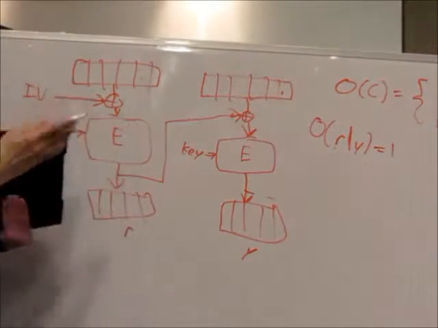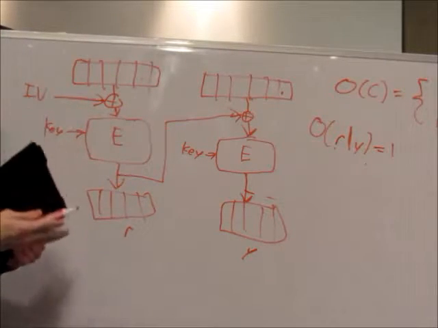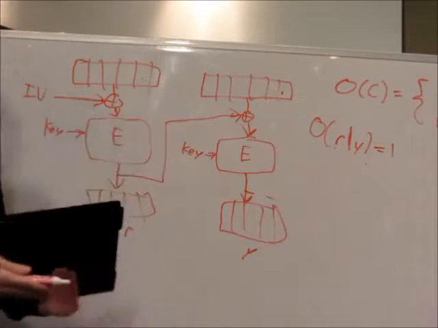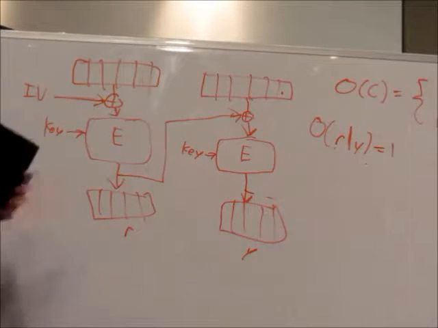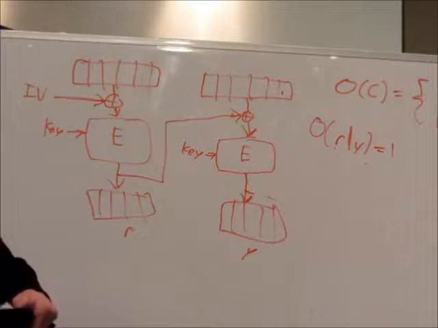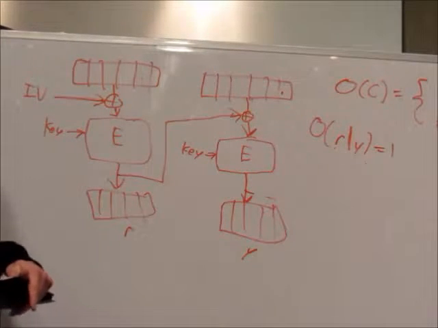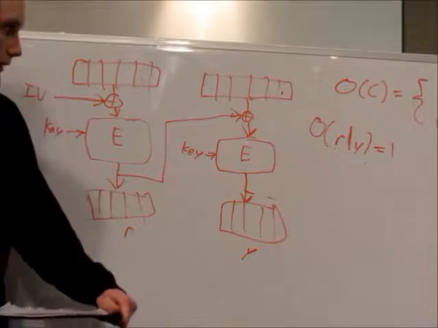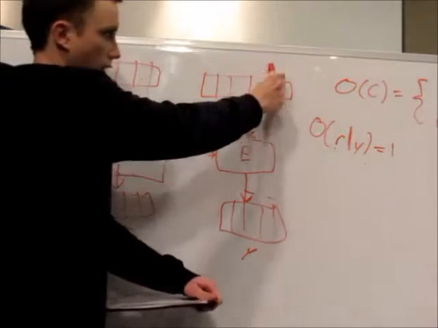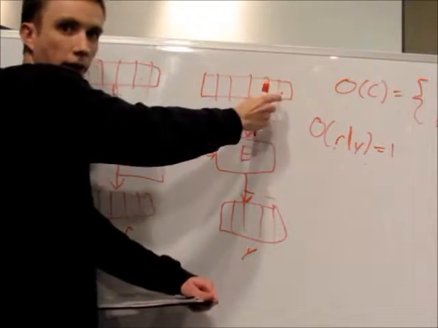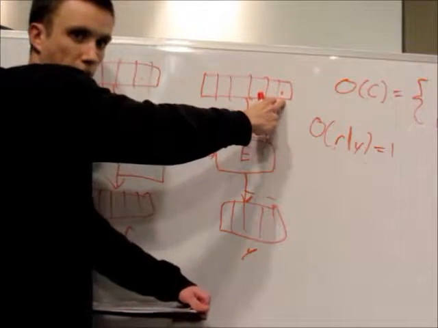Now, you look at that and say, okay, it's a valid padding, but we don't know if it's 1, or 2, 2, or 3, 3, 3, etc. It's not actually equally likely that it's all those possibilities, though. If it's 1, you only had to get a single byte correct. If it's 2, you had to get both of these bytes correct.